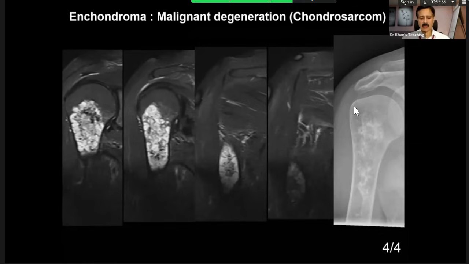So please remember, malignant degeneration of osteochondroma and malignant degeneration of enchondroma are both exam cases. For enchondroma, do not make the mistake which many people make. Many people say that I will do a nuclear scan, but the problem is that a nuclear scan is absolutely non-specific. About 30 to 35% of enchondromas might show uptake. So that is not a criterion. Don't use a nuclear scan.